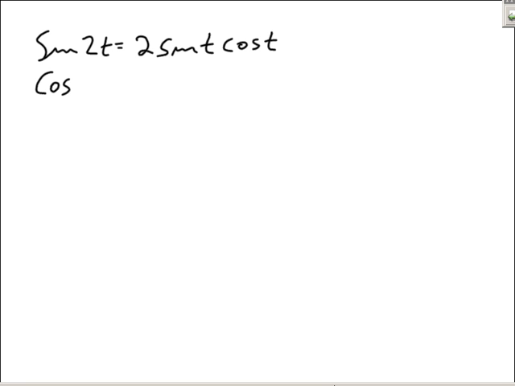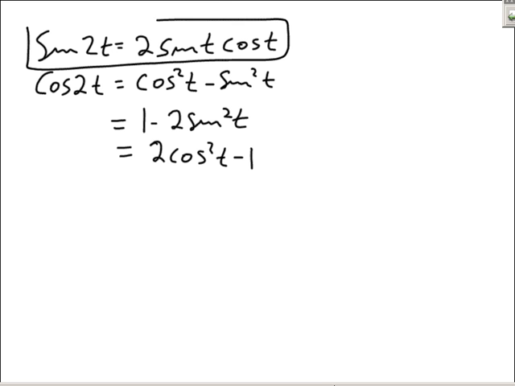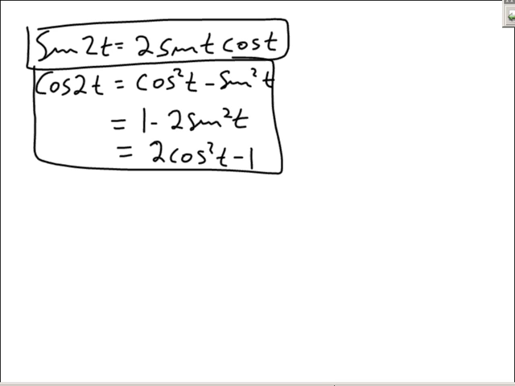The cosine of 2t is cosine squared t minus sine squared t, or 1 minus 2 sine squared t, or 2 cosine squared t minus 1. This is the formula for sine 2t. This is one of three formulas for the cosine of 2t.